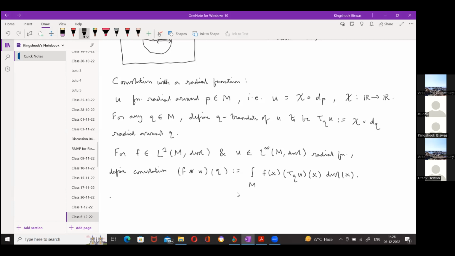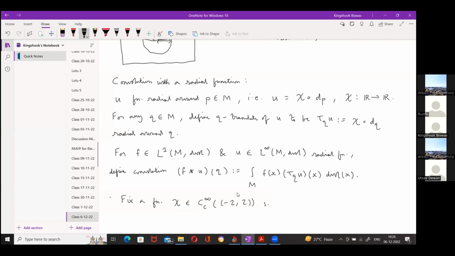So what they do is you fix a function chi in C_c infinity of, say, the interval -2 to 2.